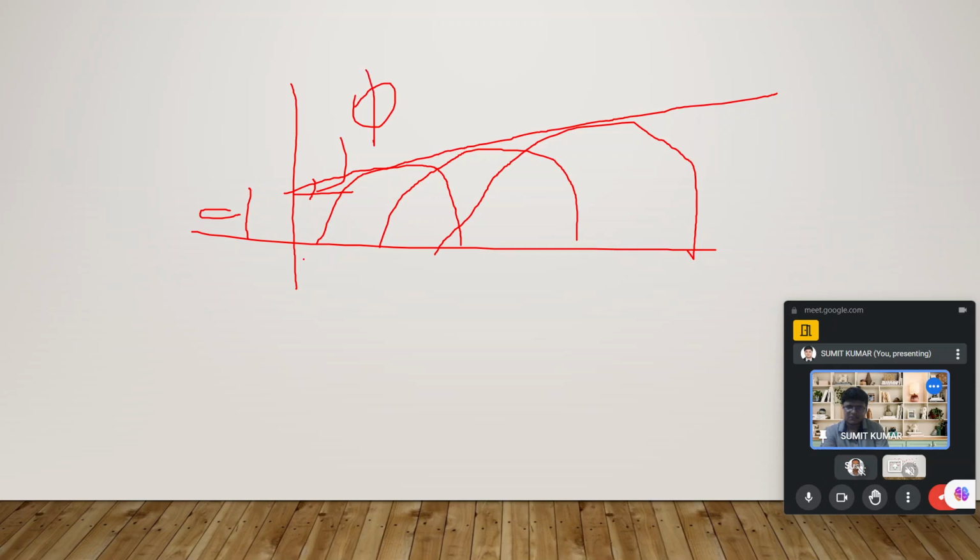Earlier we did this only. This is sigma 3, this is sigma 3 dash, and this is sigma 3 double dash. Similarly, this is sigma 1 triple dash, sigma 1 double dash, and this is sigma 1 dash. With the help of that, we are drawing the Mohr circles.